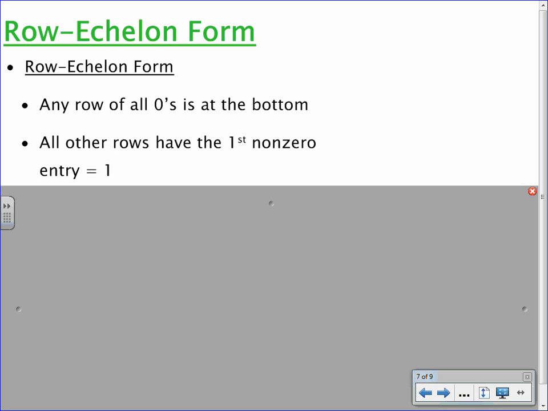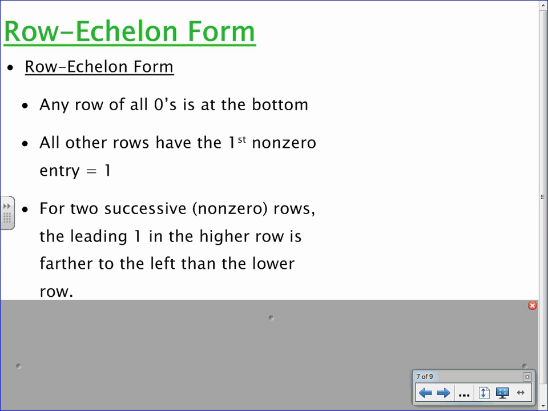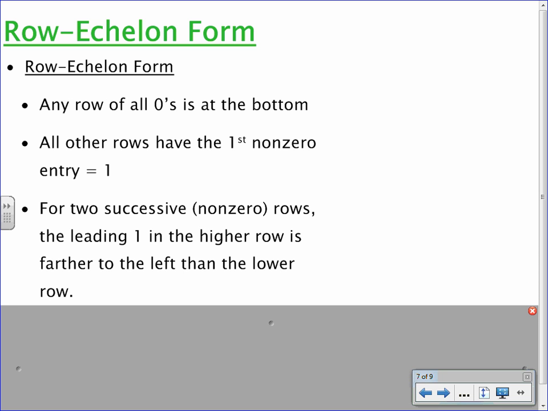All other rows have the first non-zero entry as 1. And for two successive non-zero rows, the leading one in the higher row is farther to the left than the lower row. What does that mean? This is what it means.